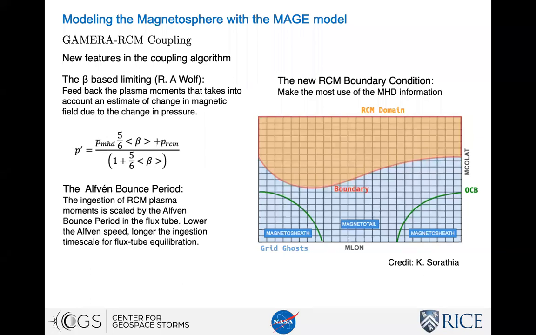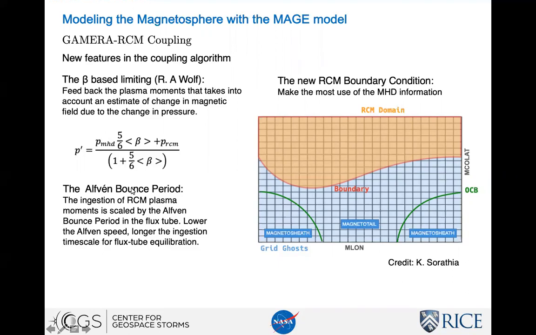Because of RCM's assumption of adiabatic processes, we don't want it to dominate when beta is high. That's why we scale down the portion of RCM plasma profile to ensure validity. If the plasma beta equals 0, the feedback pressure will be entirely the RCM pressure.